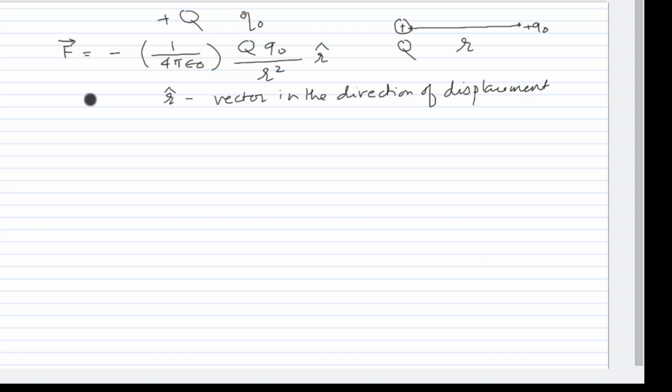Are you getting? So we have this formula now. This is equation number 2, suppose. And the negative sign indicates that R and F are in opposite directions. The displacement and the electrostatic force are in opposite sense.